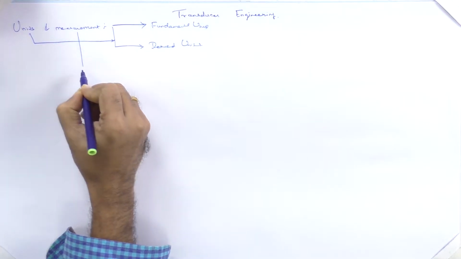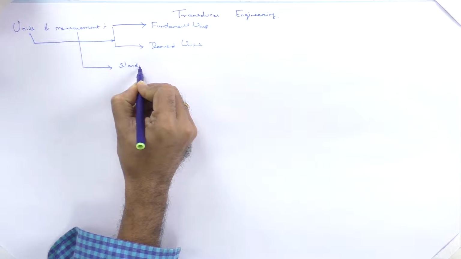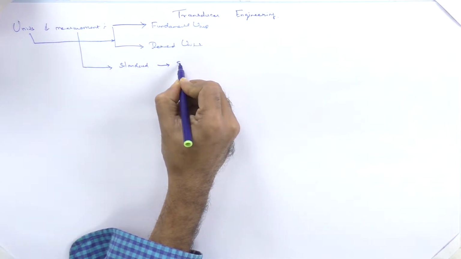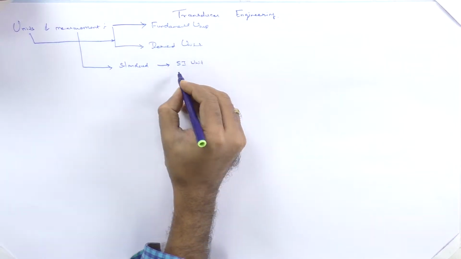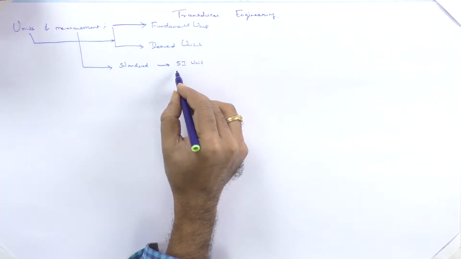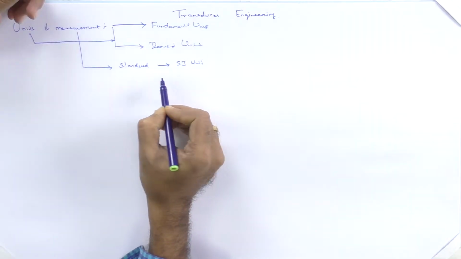And for measurement, we have a standard system called the SI unit system, which comes from the French word for the international system of units, because till today we have all our measurement standards placed in an office known as the International Bureau of Standards in Paris, from where these SI units come.